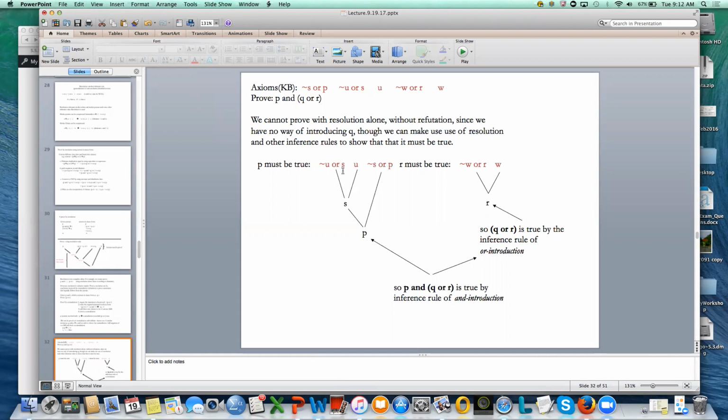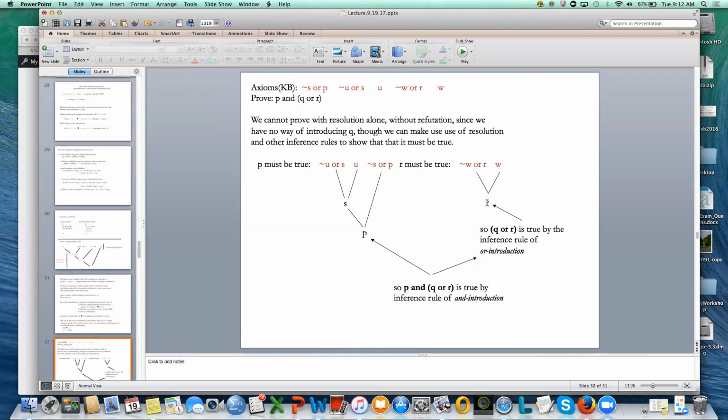I can show P. I can resolve these two statements, I get S. I can resolve these two statements, I get P, S and not S or P. So I know P is true.